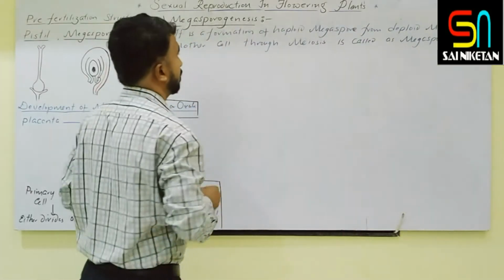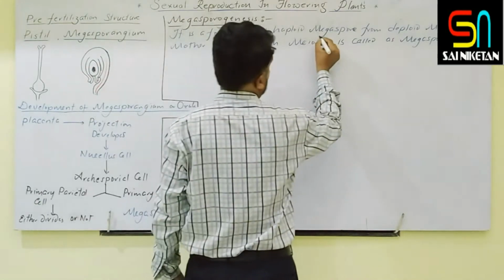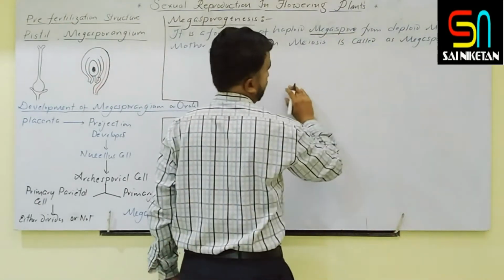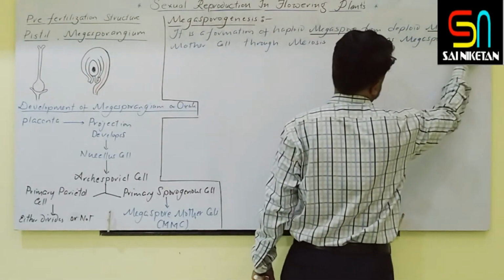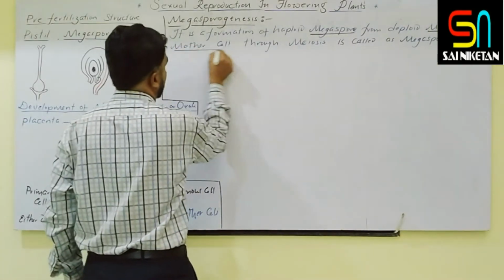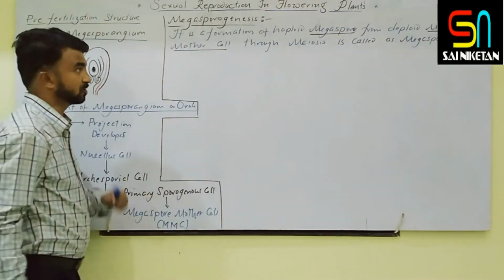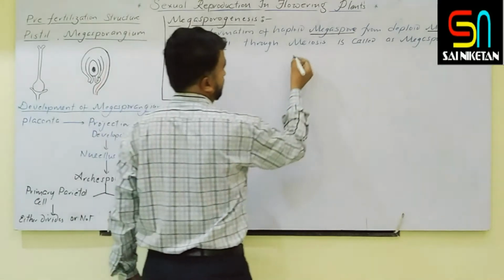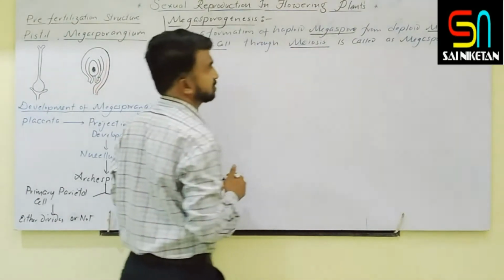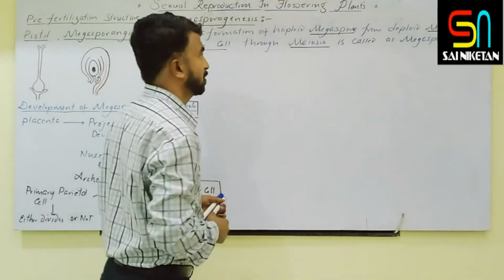This is simple. The formation of haploid megaspore from the megaspore mother cell, which has just been produced from the sporogenous tissue, through the process called meiosis, is called megasporogenesis.